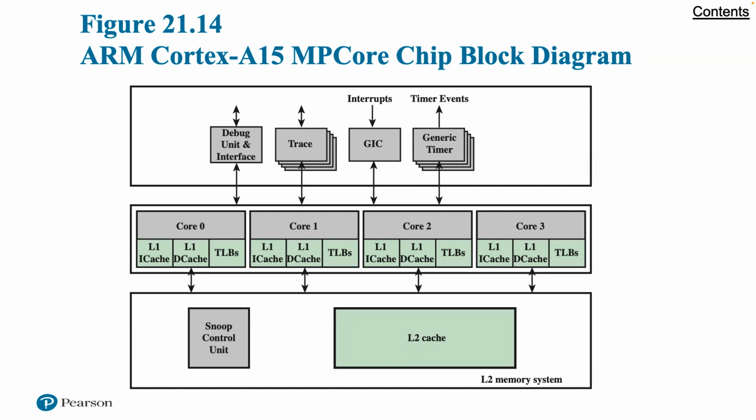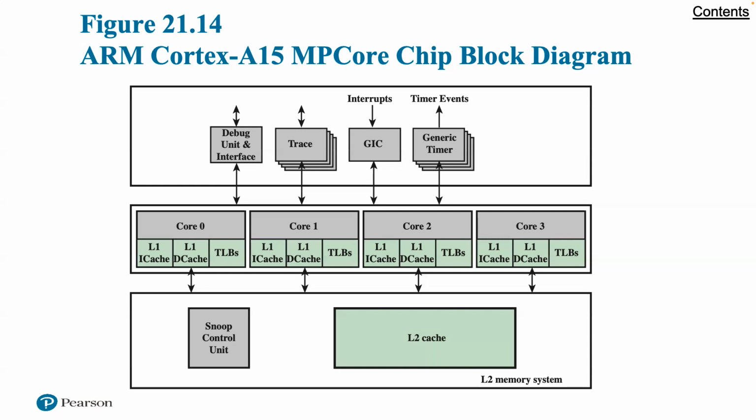So the figure we're showing here, figure 21.14, presents a block diagram of the Cortex A15 MPCore. The key elements of the system are the following. First, there's the generic interrupt controller, the GIC. It handles interrupt detection and interrupt prioritization.